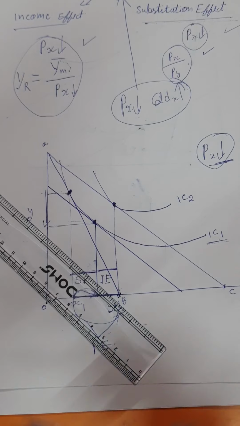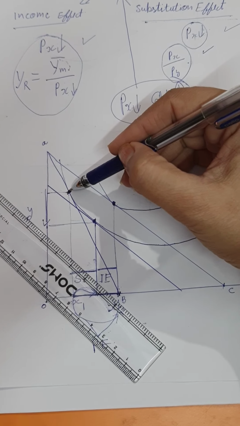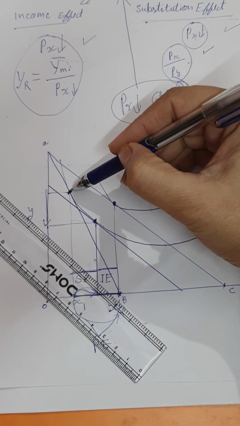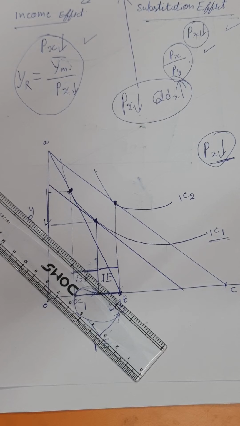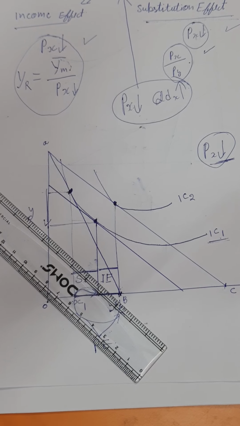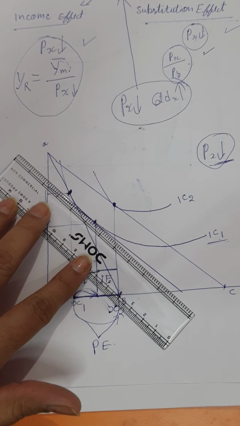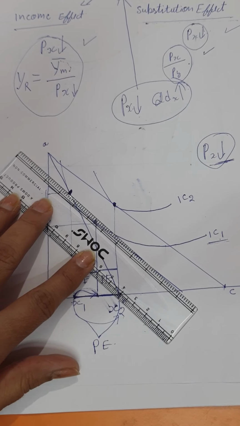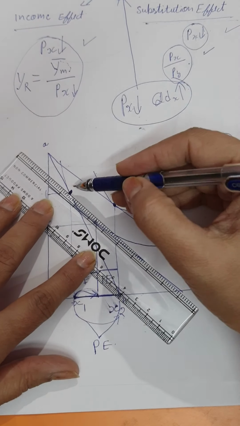So the controversy was that if this point is also available to the consumer and still he is purchasing less of y, then we will accept that yes, he is substituting y with x. Here the problem is that he is not able to purchase the previous combination of x and y.